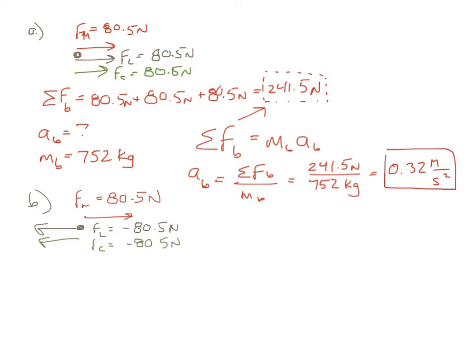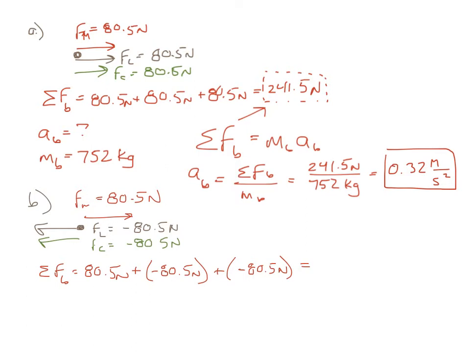Now we're going to have a different net force on the boat. Net force on the boat is going to be 80.5 newtons plus negative 80.5 newtons plus another negative 80.5 newtons. So what does it come out to?